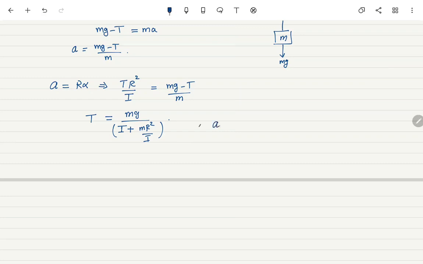A in this case is equal to g divided by 1 plus I over m r square, and alpha is equal to a over R, which is equal to g divided by R plus I over m R.